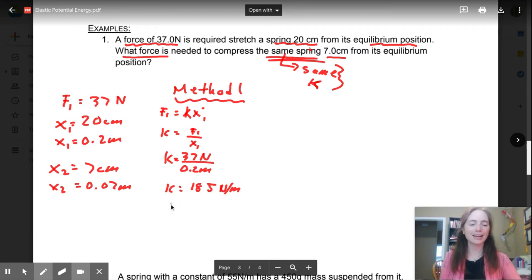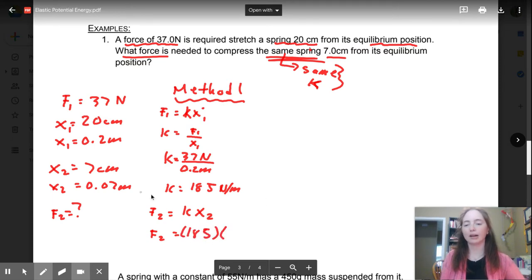Well, I have k now, so in order to determine my F in scenario 2 with that same spring, because the spring is the same, this number is going to be the same. F2 is equal to kx2, and I'm going to take this k, which is 185, and multiply that by my x2, once again in meters.